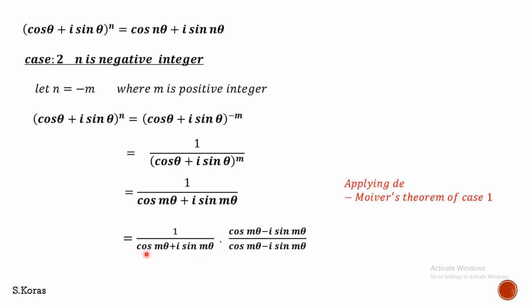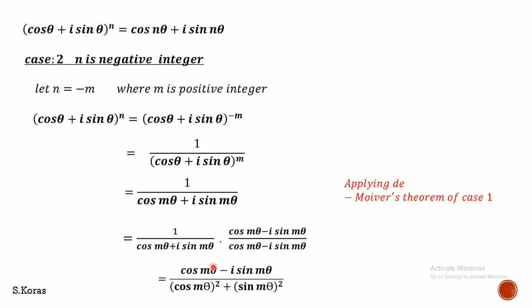This is complex, this is its conjugate. While multiplying a complex number with its conjugate, we just have to do real part square plus imaginary part square. So our answer is cos m theta minus i sin m theta, that is the numerator into this. For the denominator, we have applied that logic. You know this value, cos square theta plus sine square theta, is 1. So it will become 1.